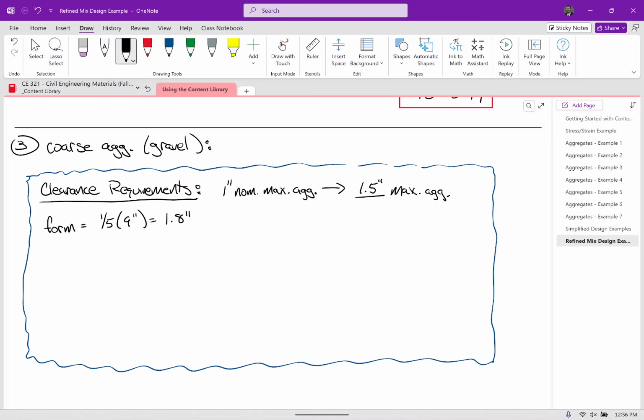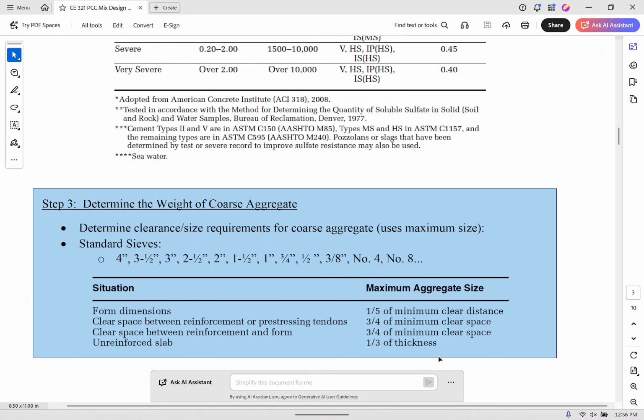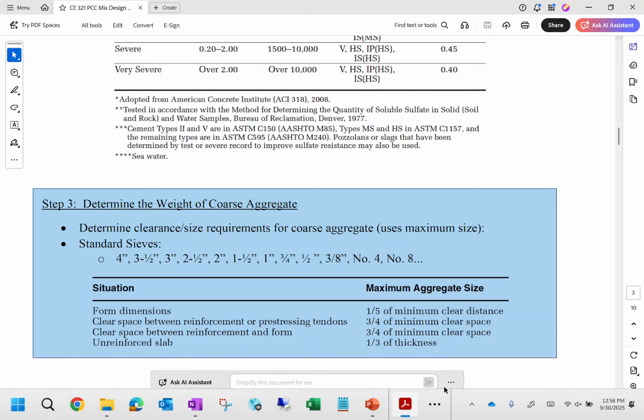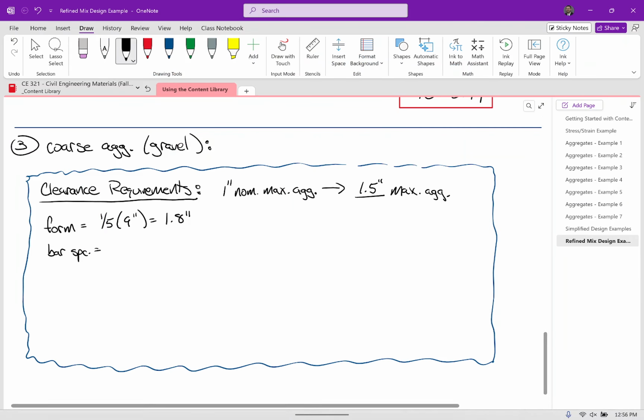Okay. We have our bar spacing. Now, what's our bar spacing limit? Our bar spacing limit is 3/4 of the clear space, and the same thing here, 3/4 of the clear space. So, what was our bar spacing? 2.5 inches.